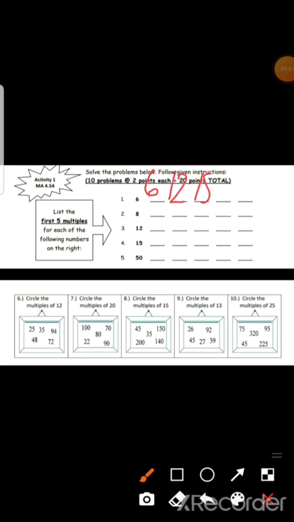And again, if you remember what I said, listing the multiples of a number is like working with your times table. So I go ahead and write my answer here. The first 5 multiples of 6 are 6, 12, 18, 24, and 30.